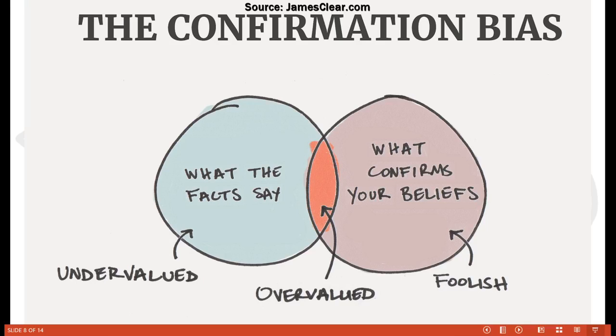So the first thing we'll take a look at is the way our brains are wired, which is this lovely little thing called confirmation bias. Confirmation bias means that when we hear things that align with what we already believe, we greatly overvalue that versus information that contradicts what we already believe.